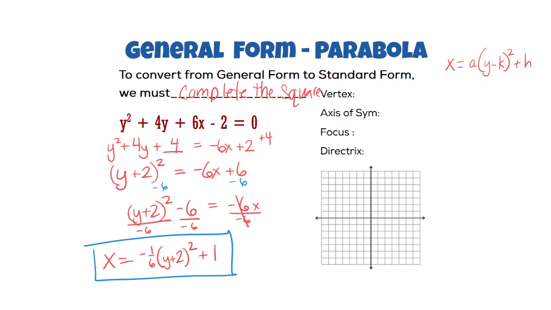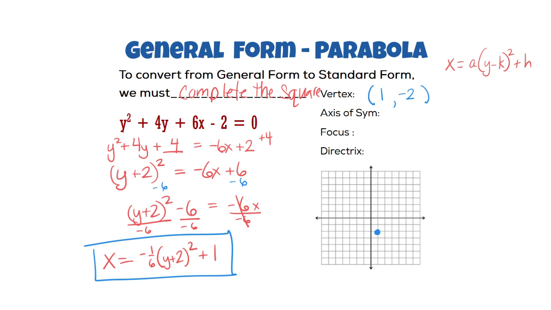But what I wanted to draw your attention to is that this right here goes with your y. This is a vertical value. So when you write your vertex, your vertex is actually going to be that negative 2, because it's a plus and you always do the opposite, is really your y value. Your x value is coming from out here, and it's a plus 1. So the vertex on my parabola is (1, -2). Going to graph it.